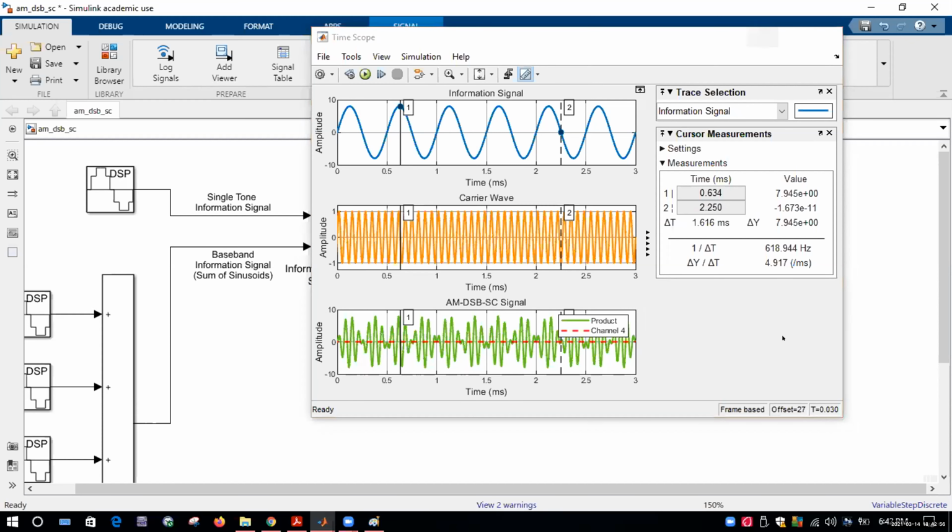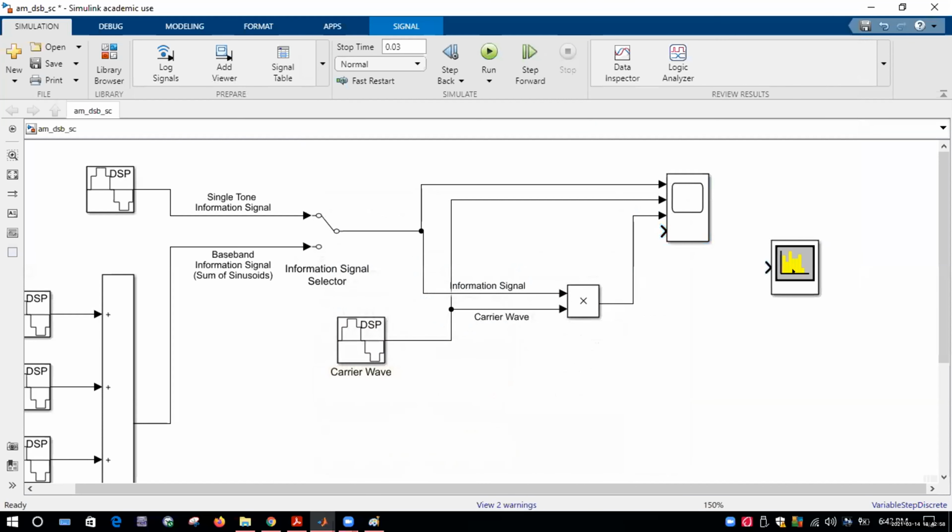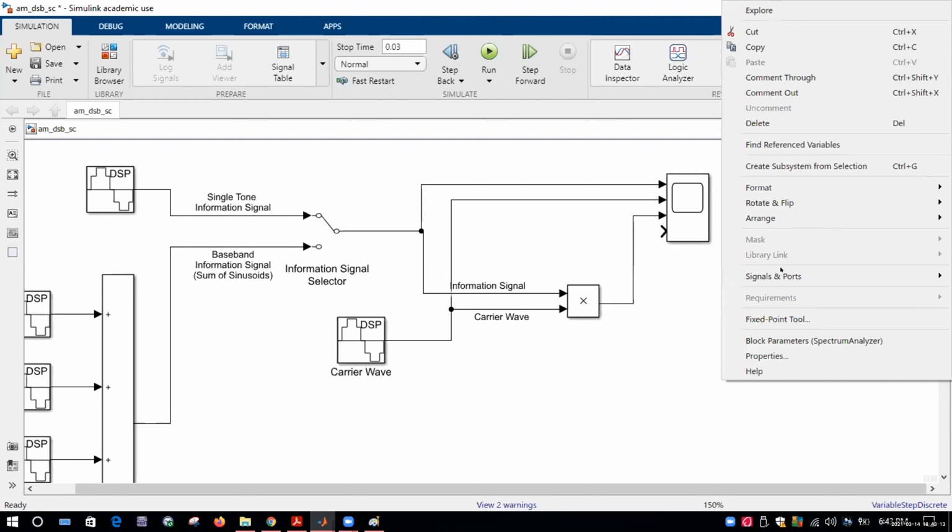How do I find the frequency? By using the spectrum analyzer. Right click on it, and then how many ports are there? How many inputs does it have? One. If you want to add more inputs, right click on it and go to signals and ports.